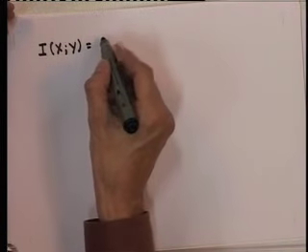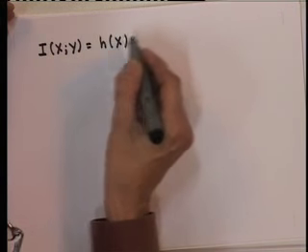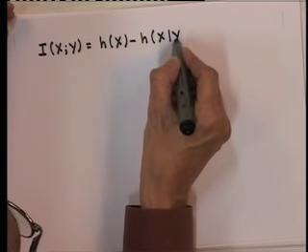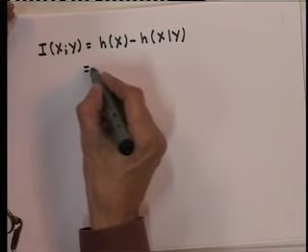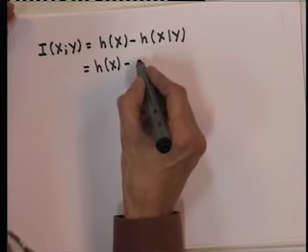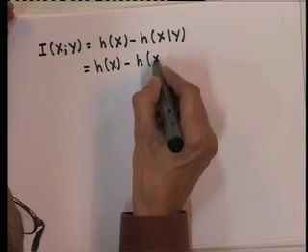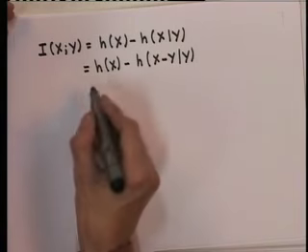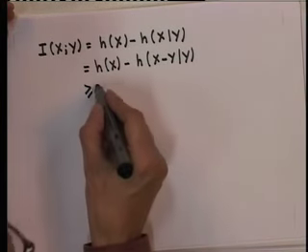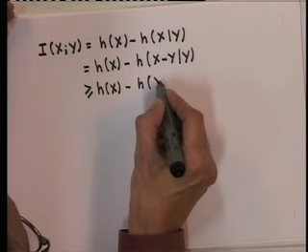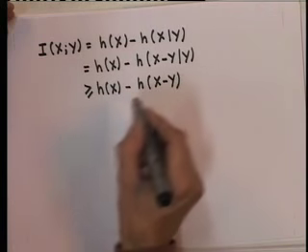Mutual information is equal to differential entropy minus conditional entropy of x given y. This is equal to differential entropy minus conditional entropy of x minus y given y, which is greater than or equal to h of x minus h of x minus y.